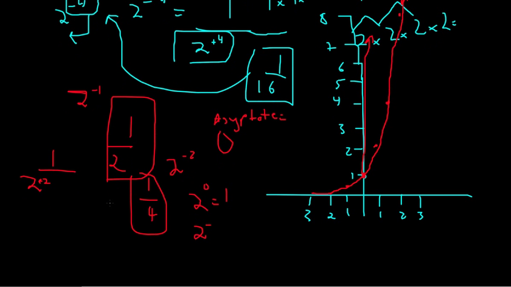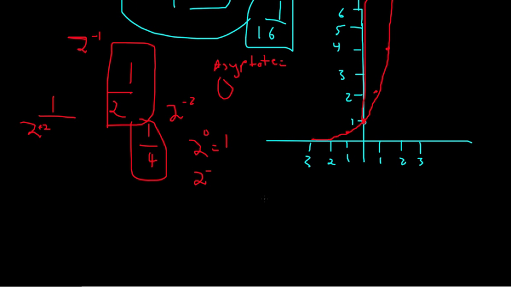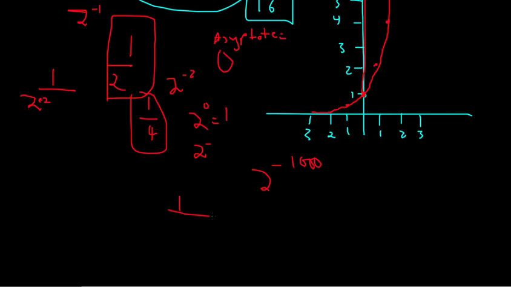You can have the smallest fraction, like 2 to the negative 1000, which equals 1 over 2 to the 1000, but it will never ever reach 0.